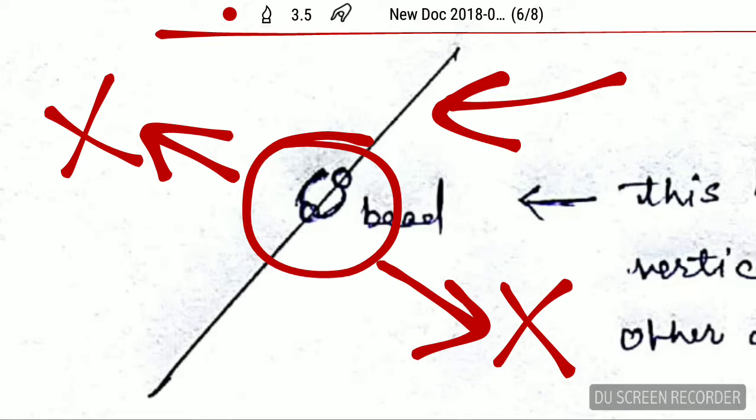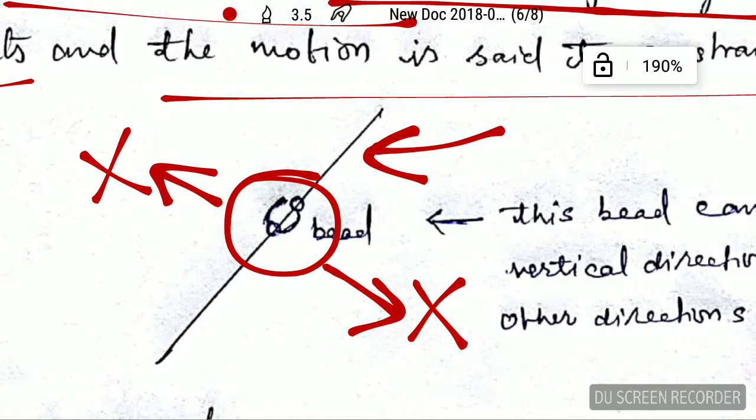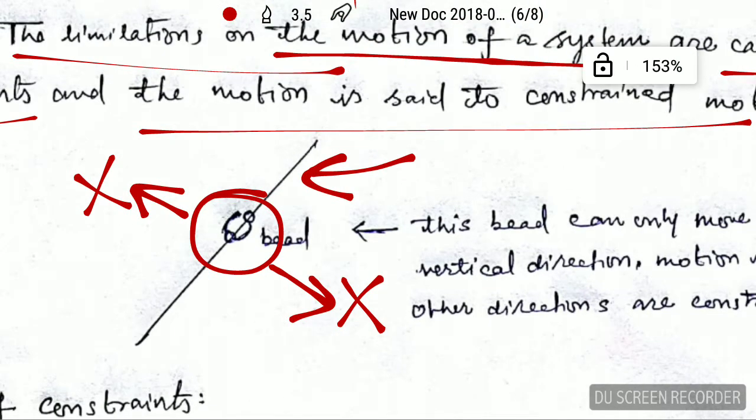That means we have imposed some limitations or constraints on the motion of the bead, and now the motion of the bead is called the constrained motion. I hope you have got the idea of constraints. Constraints just means the limitations.